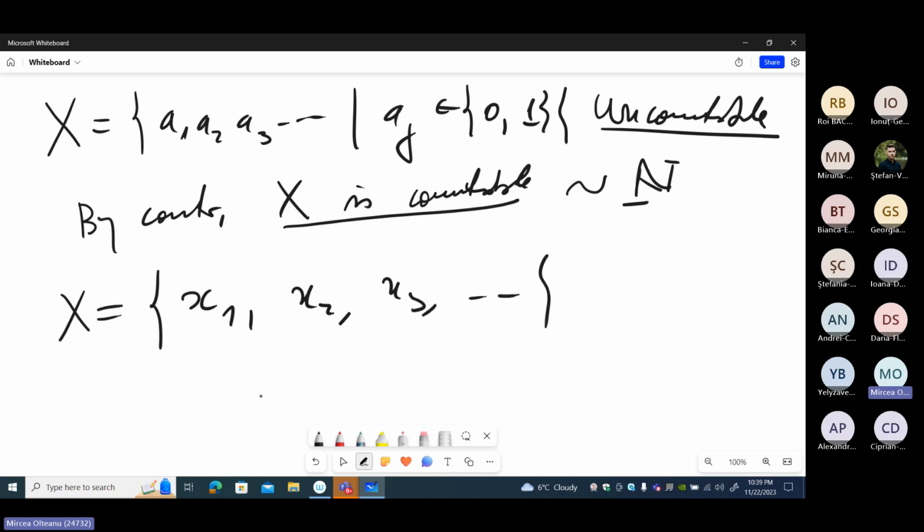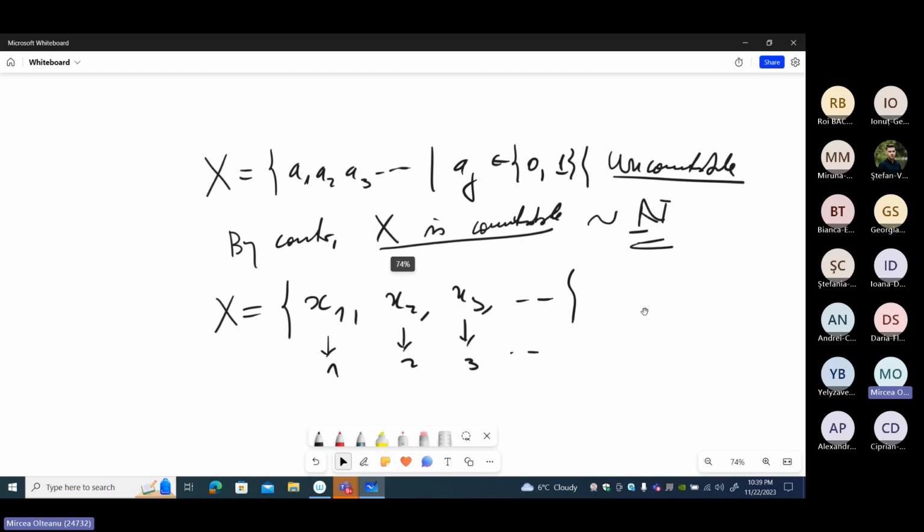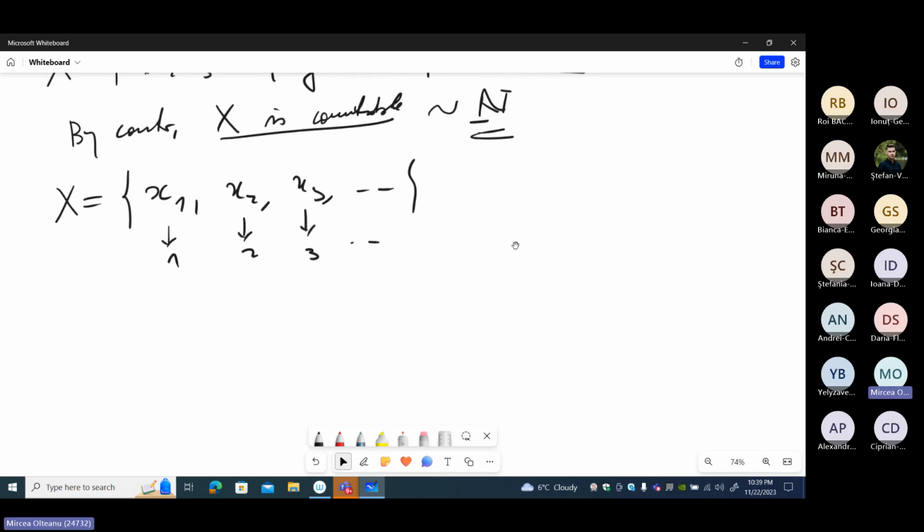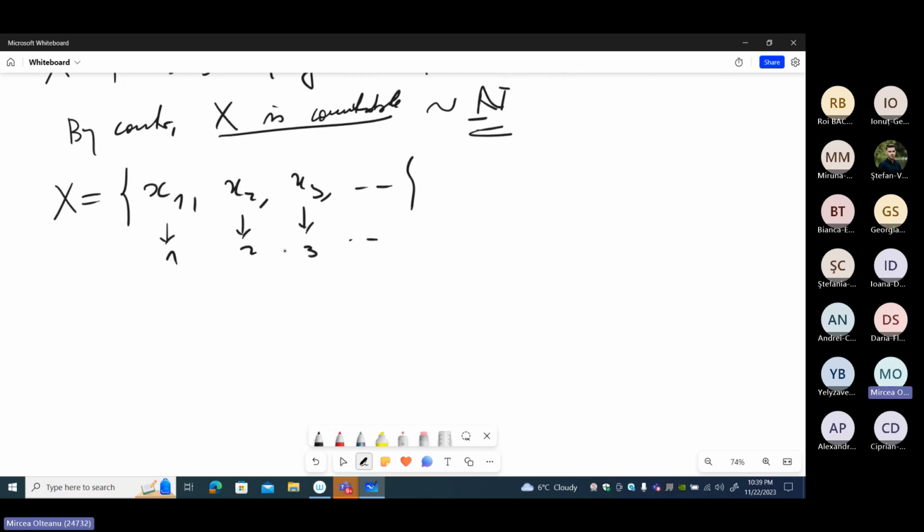This one corresponds to 1, this one to 2, this one to 3. This is the one-to-one correspondence. So again, if X is countable, its elements can be written as a sequence. But attention, the supposition is that here we wrote all the elements of X.